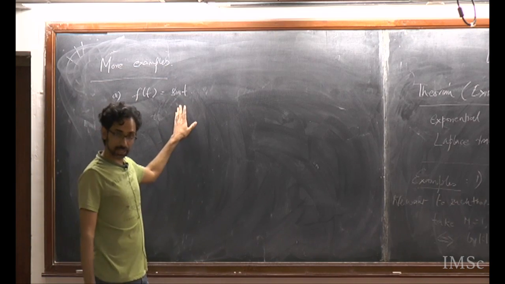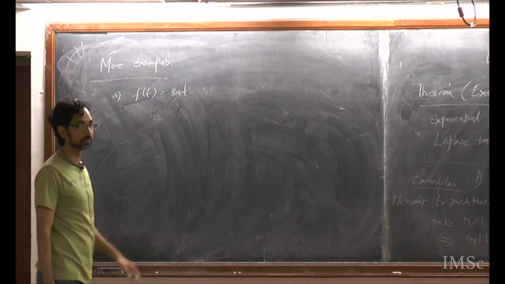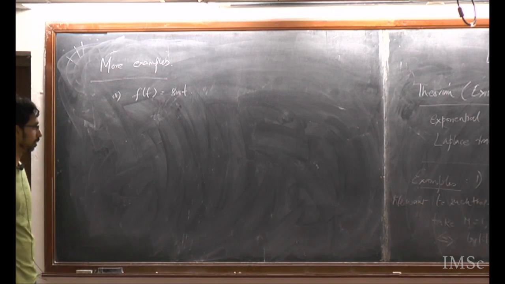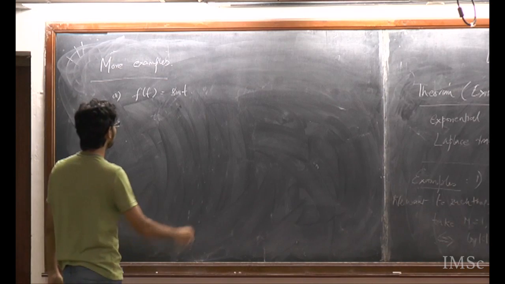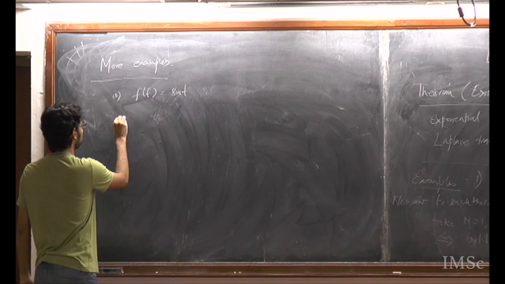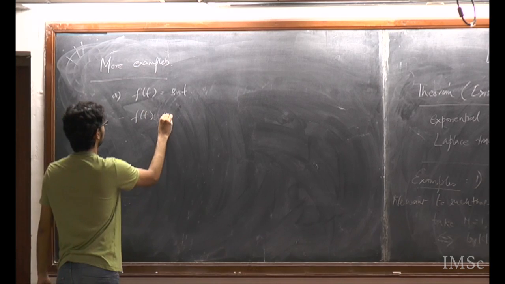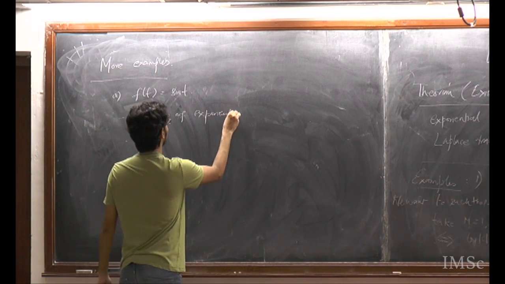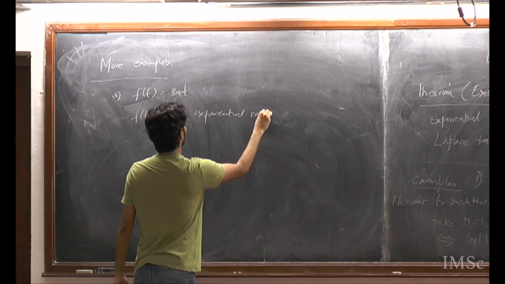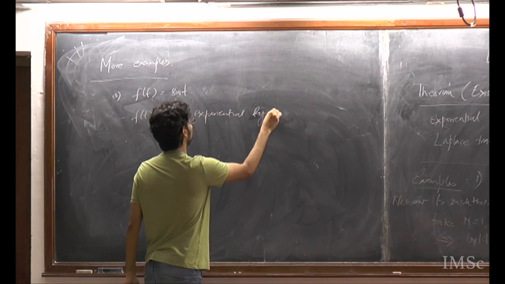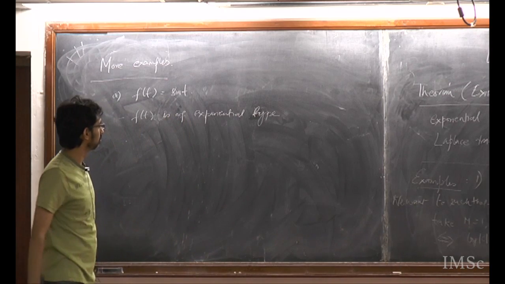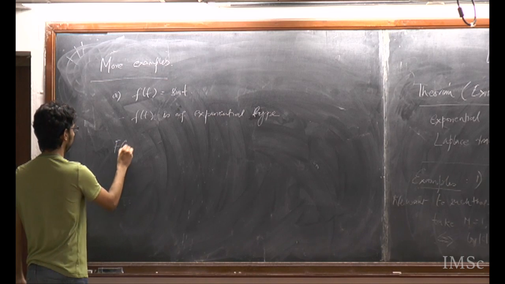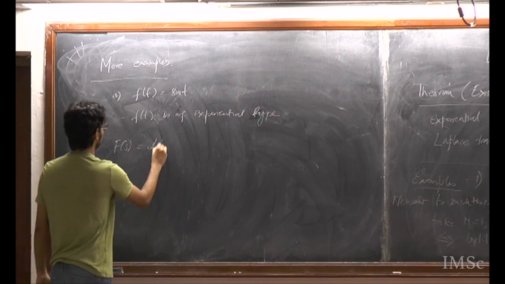So is this of exponential order? Yes, because it's bounded. Bounded functions are always of exponential order. Okay. So first we know that f(t) is of exponential type with some order which we don't care for now. So we can just start to compute the Laplace transform of f(t).